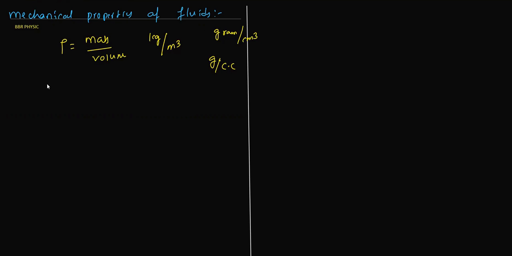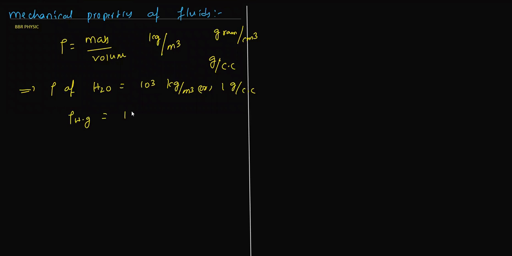Density of water is 10 power 3 kg per meter cube or 1 gram per cc, 1 gram per centimeter cube. Density of mercury is also required, you have to remember it.